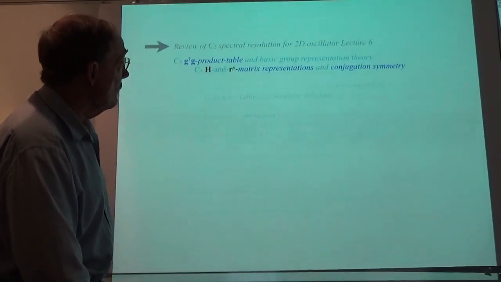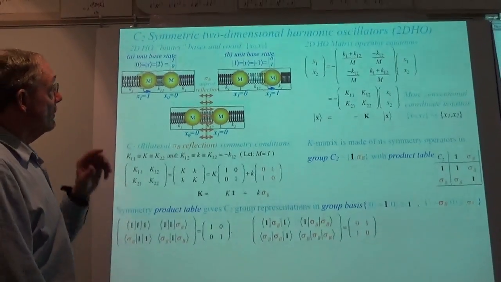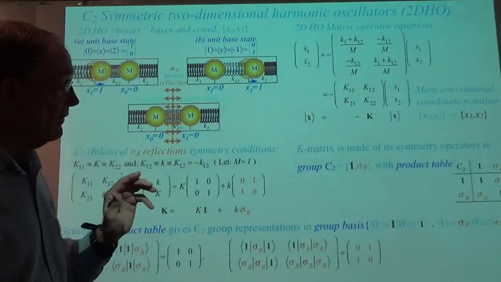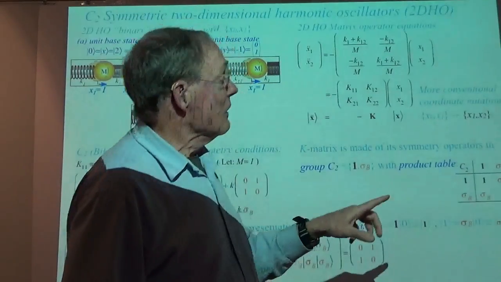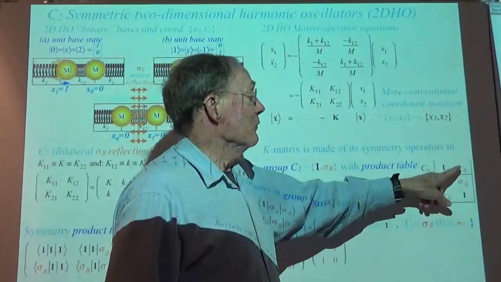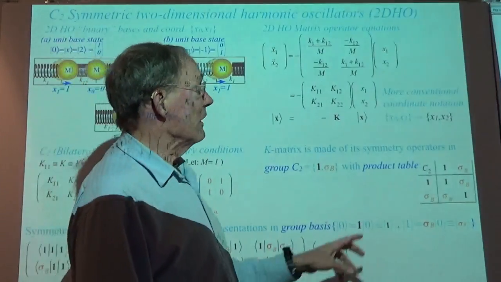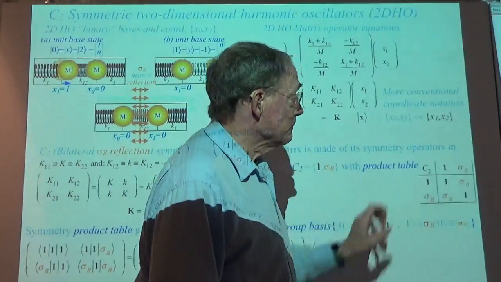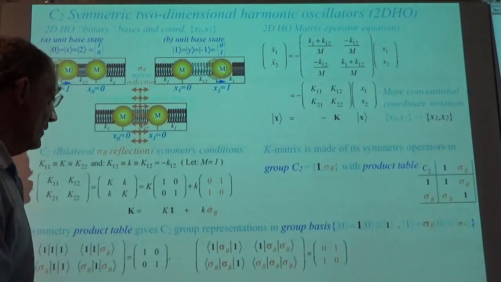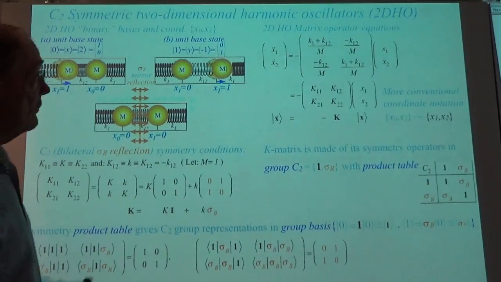So let me just very quickly remind you what we did when we first considered the C2 group, the group whose multiplication table consisted of a 2x2 square in which the elements unit and reflection, in this case the B reflection, the bilaterally symmetric reflection, was in question for producing a spectral decomposition. And the object was to diagonalize a spring matrix.